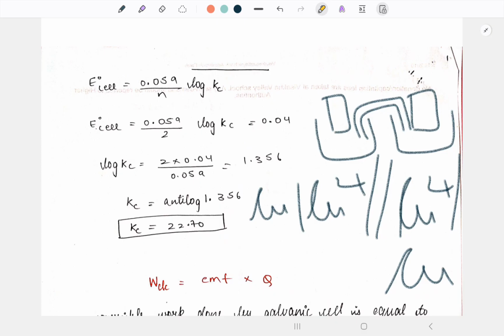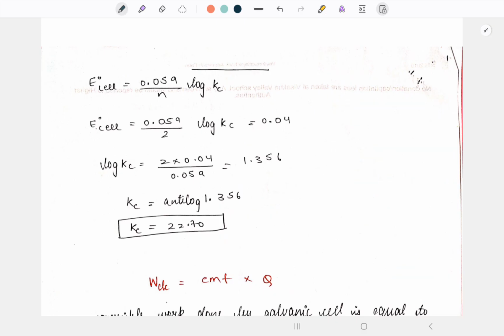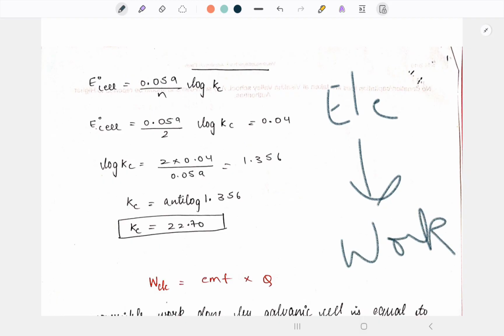Now we'll study the electrochemical cells and the Gibbs energy of the reaction. When a cell reaction takes place, electrical energy is produced, which can quantitatively be converted into work. So the electric work done by the cell results in a corresponding decrease in the free energy of the cell.